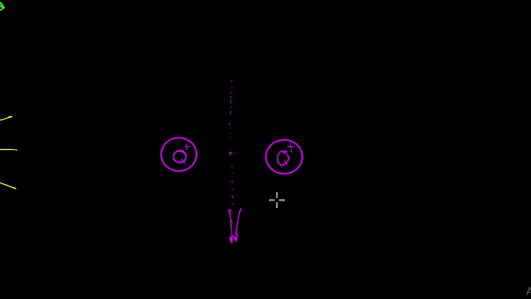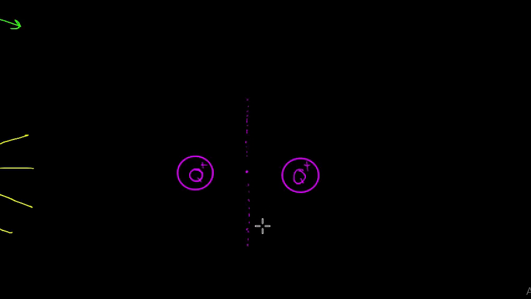Okay, so now let's assume we've got a positive charge at this point, for example. So a positive charge at this point will experience a repulsive force by this one, which will repel it in that direction, but this one will also repel it in that direction, but slightly less.